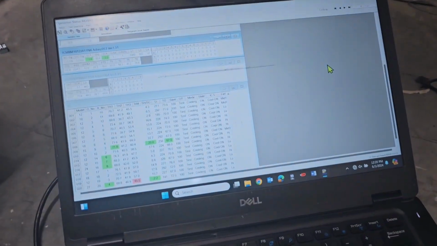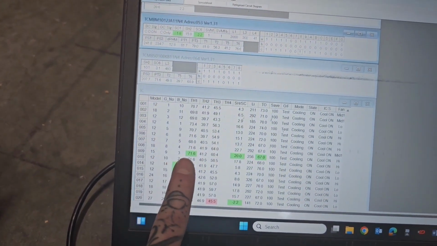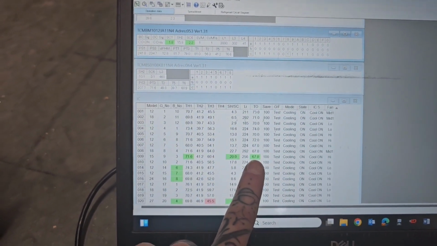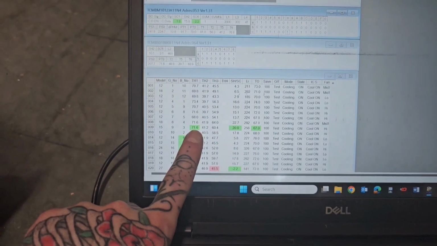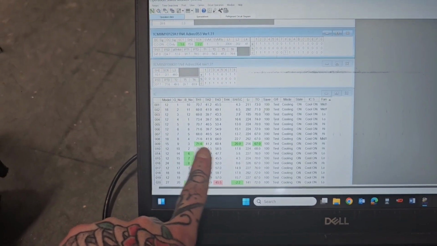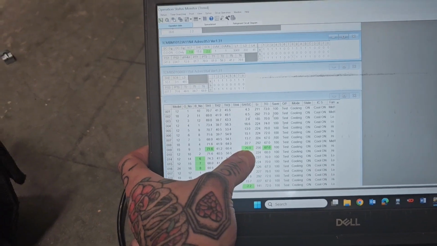So in this particular case, this is indoor unit 9, set point is 67, indoor temp is 71.6, so basically 72 degrees. So it's pretty far, it's 5 degrees off set point, with a 20 degree superheat.